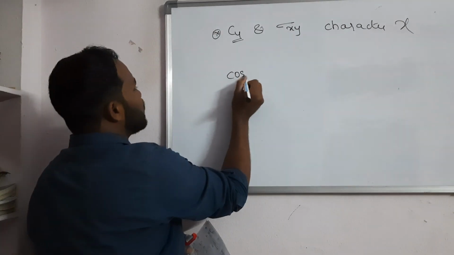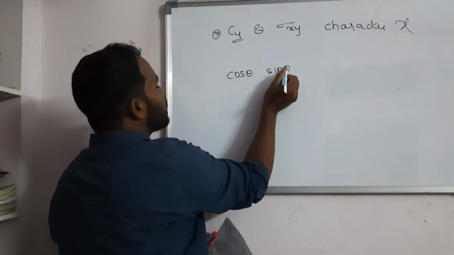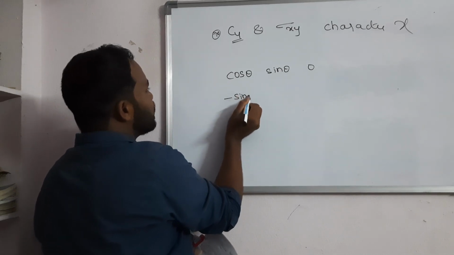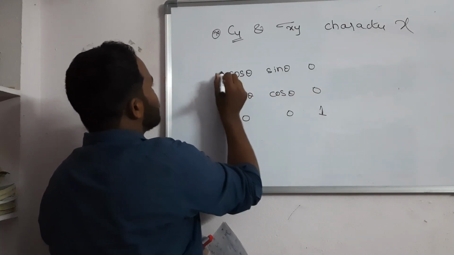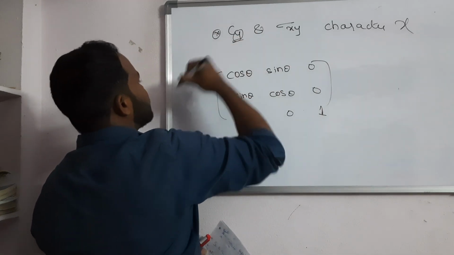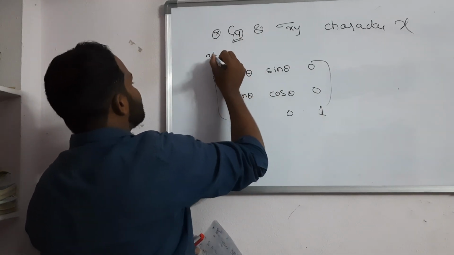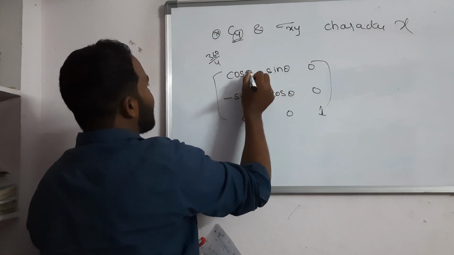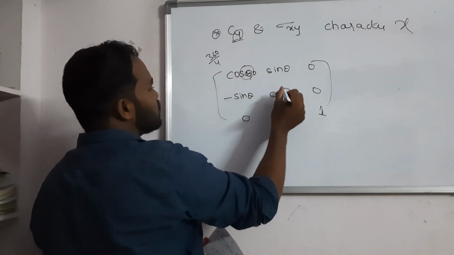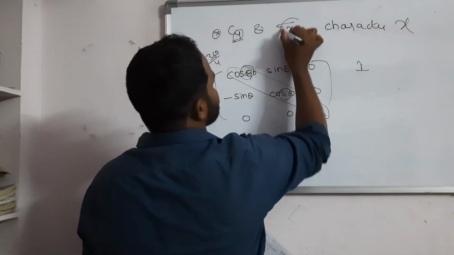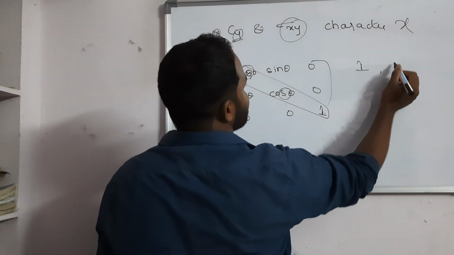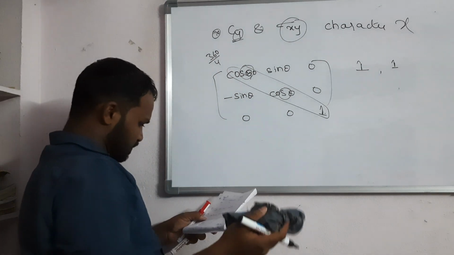You will get cos theta, sin theta, 0, minus sin theta, cos theta, 0, 0, 0, 1. Here C4 means 90 degrees, because 360 by 4 means 90 degrees. Cos 90 is 0. Here 0, 0, 1. You will get the value 1. And sigma xy we already know that. So the value chi is 1, and we will get 1 comma 1.